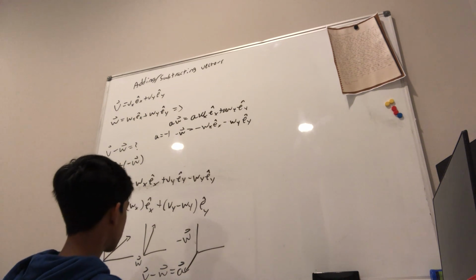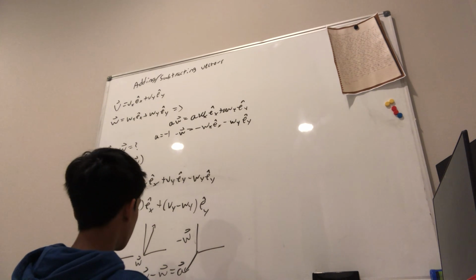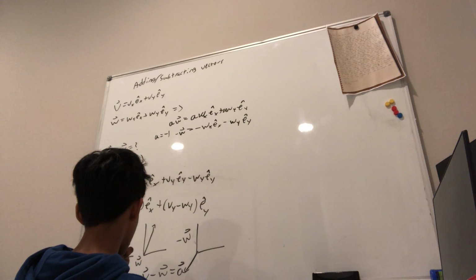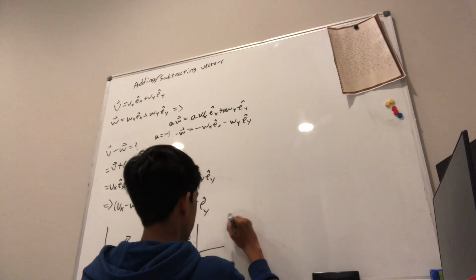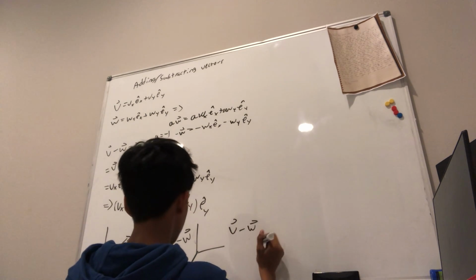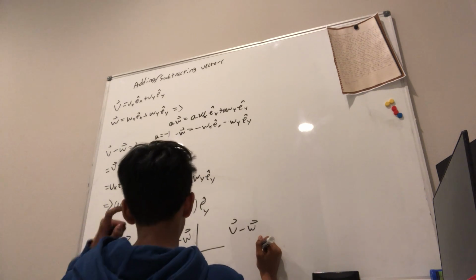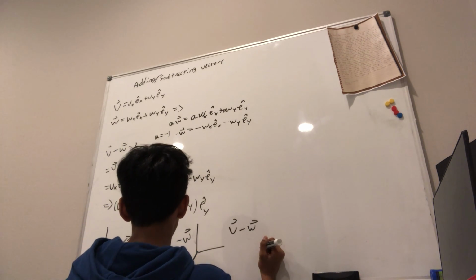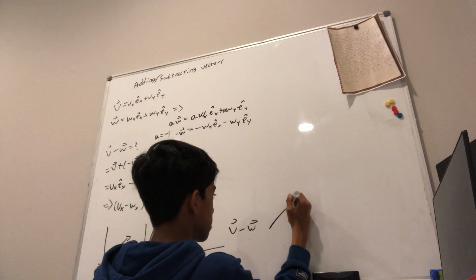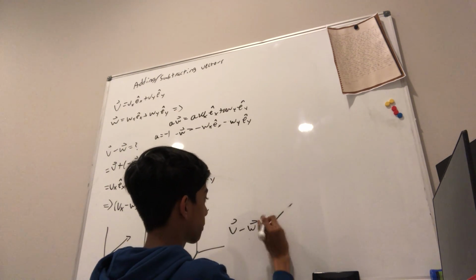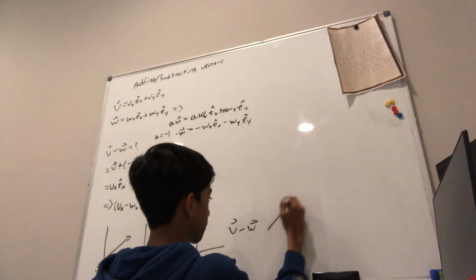So applying this tip to tail, v vector minus w vector would just be, well, what would it be? I'm stumbling on my words today.